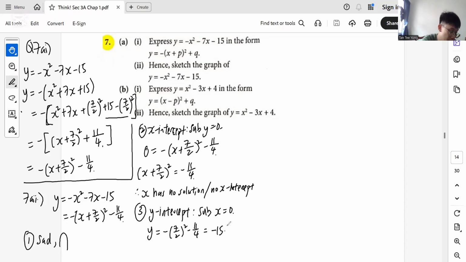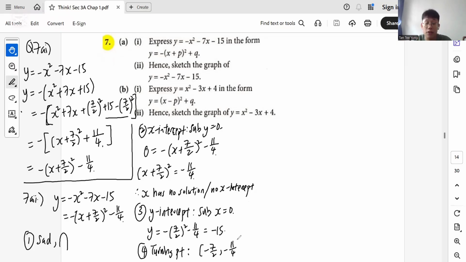Let me key in again, I'm very scared, I've been making many careless mistakes. Yeah, negative 15. Then number 4, turning point. This is a maximum point because it's a sad face graph. So the turning point according to the completed square form is -7/2, -11/4.